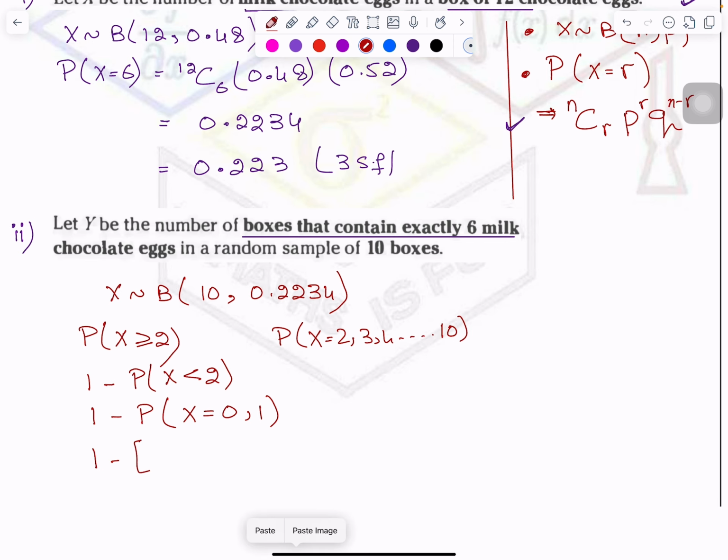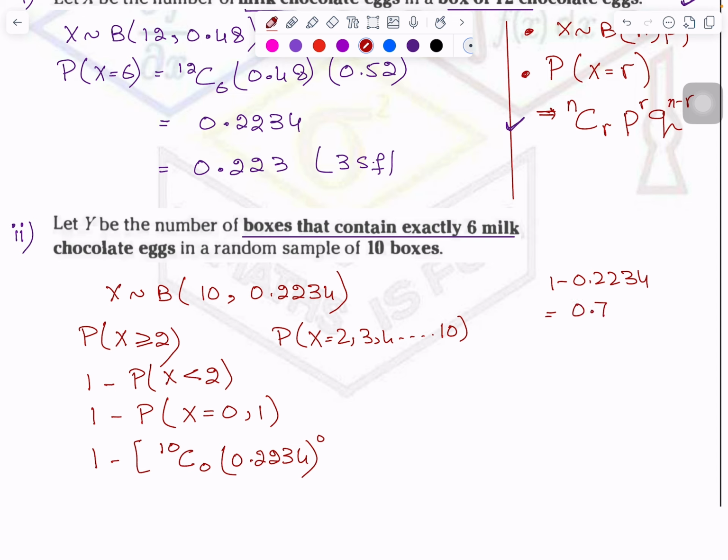So you can write here n is your now 10, 10C0, okay, and p is your 0.2234, which is 0. What is 1 minus 0.2234? Let's check in the calculator quickly. 0.7765, right?